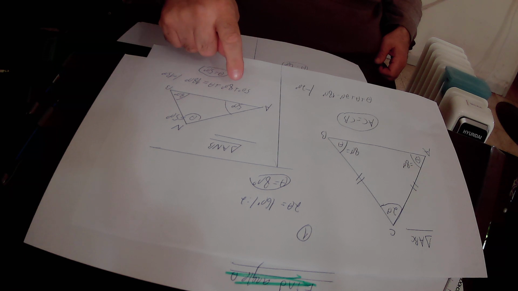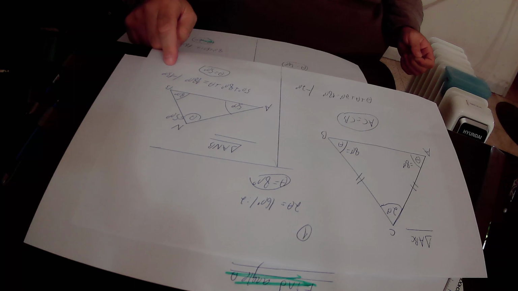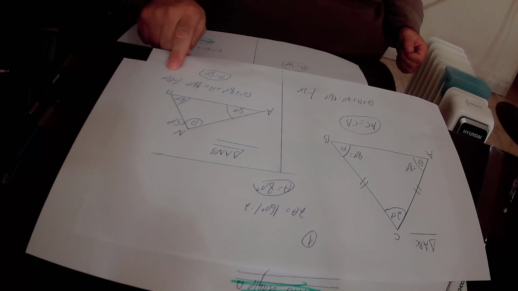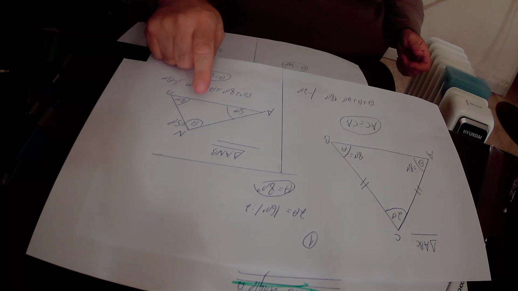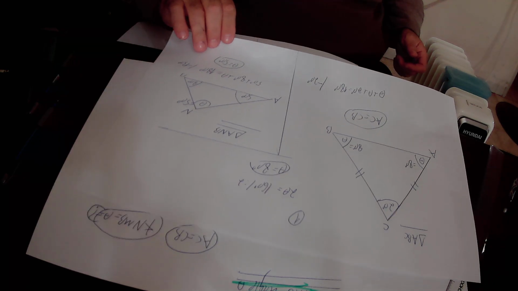That is to say, 50 degrees plus 80 degrees plus angle theta, in total they must be equal to 180 degrees. 50 plus 80 is 130, we subtracted 130 degrees from this equation, and finally we found out that theta equals 180 minus 130, which is 50 degrees. So this angle theta equals 50 degrees in its size.